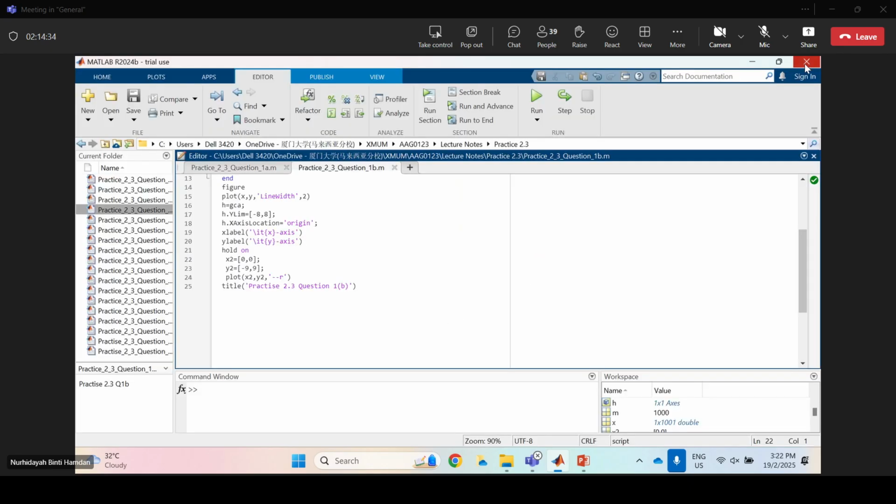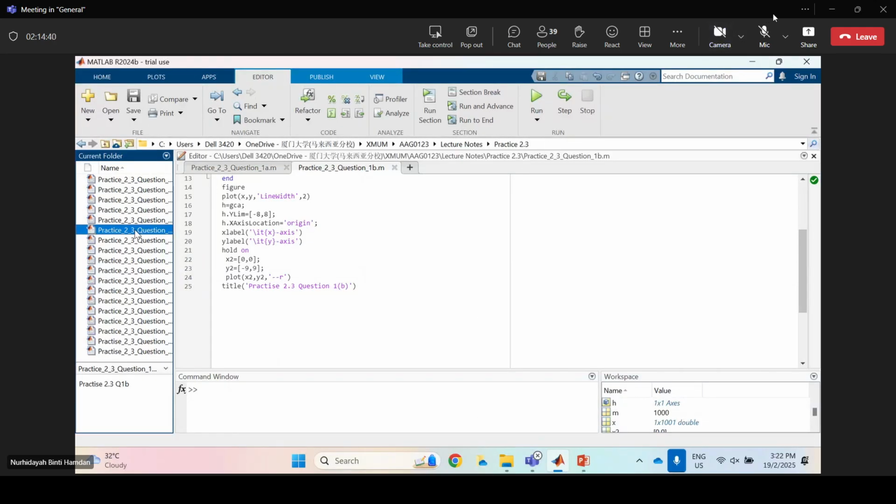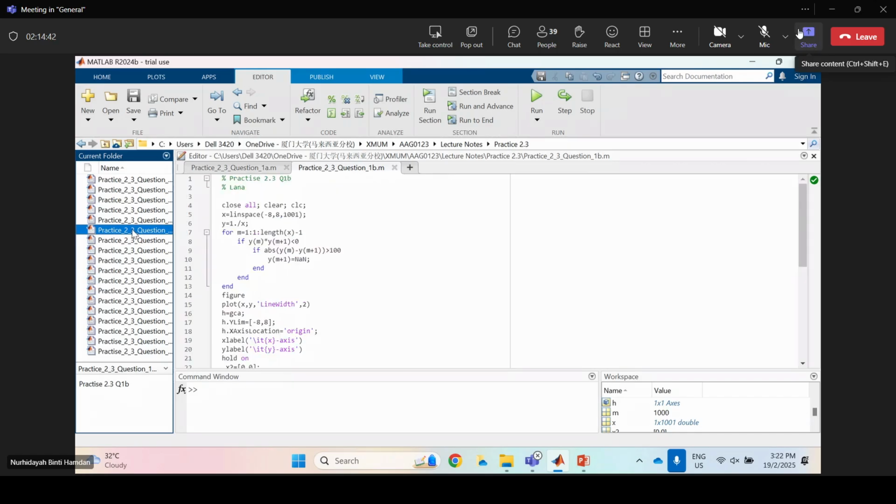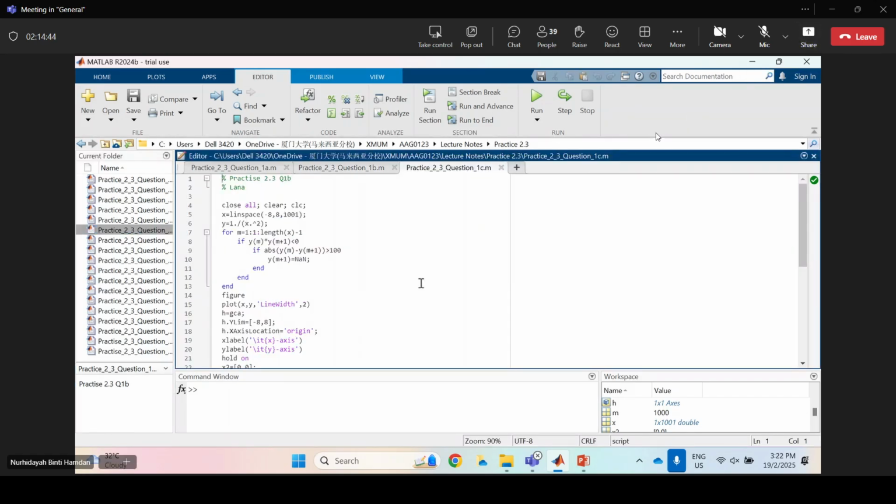Next is question 1C. This is again the same question, but it is 1 over x squared. This one I use looping. And of course, we have a value that is not a number.